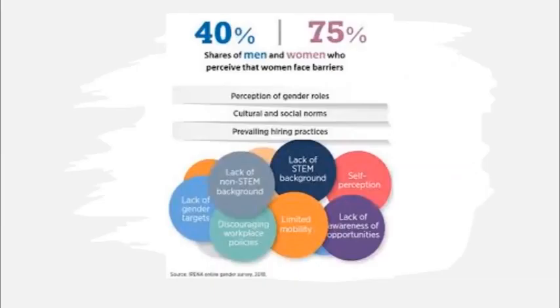And when we focus on the reasons for inequalities, 40% of men and 75% of women believe that these reasons are lack of STEM background, lack of gender targets, discouraging workplace strategies, lack of awareness of opportunities, gender roles, or cultural and social norms, and so on.